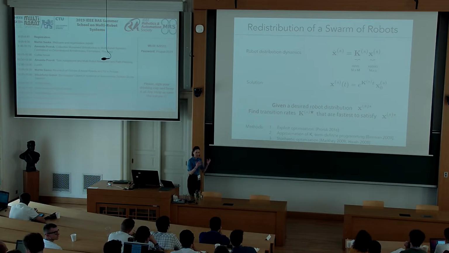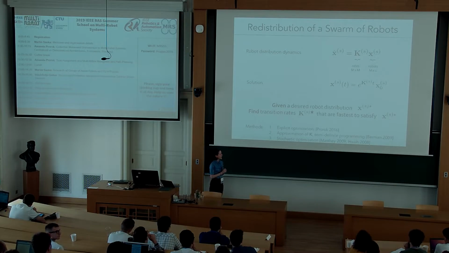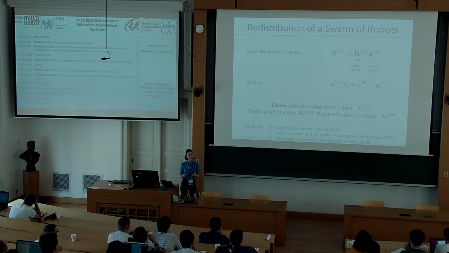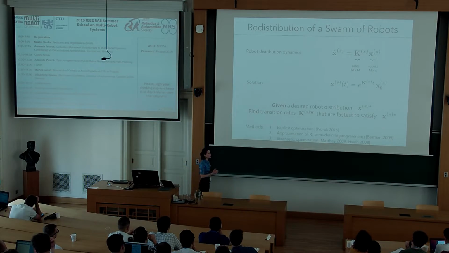So I can formulate an optimization problem that satisfies these 2 constraints, and then think of different ways of actually solving it. So to achieve my robot distribution as a function of what I'm desiring, and to do it so that the robots reach their goals as quickly as possible.